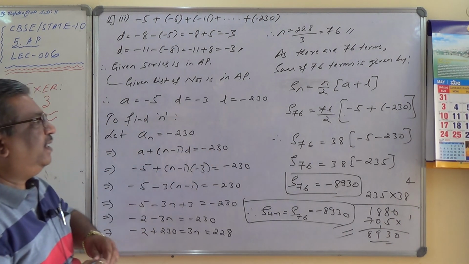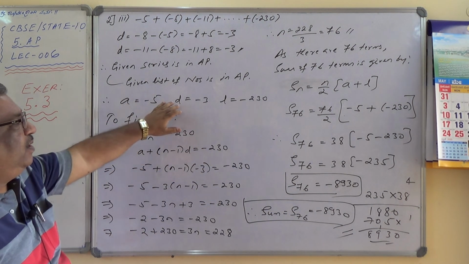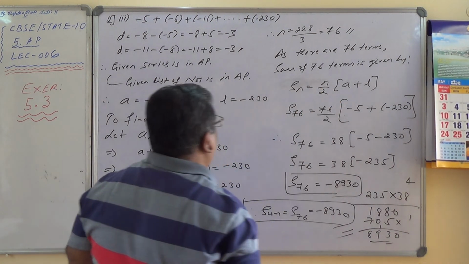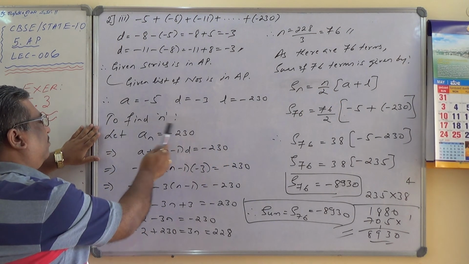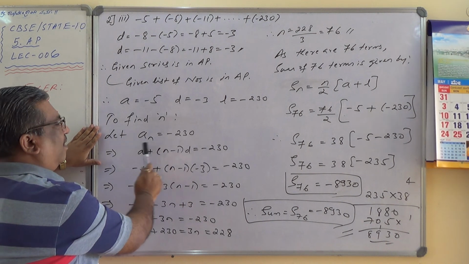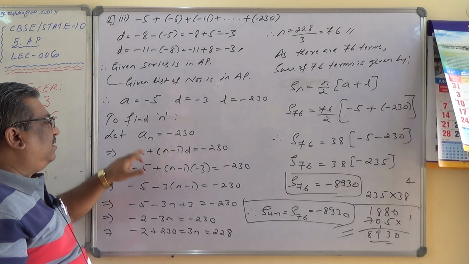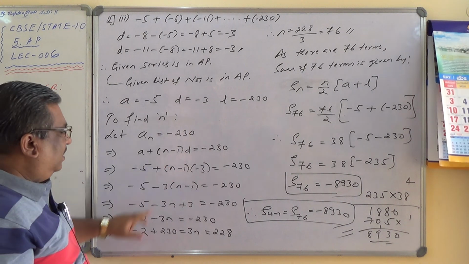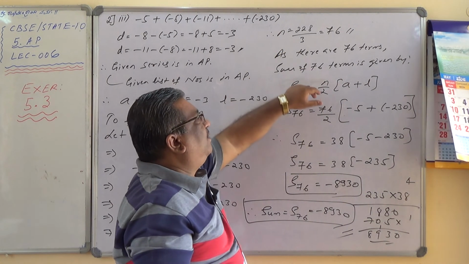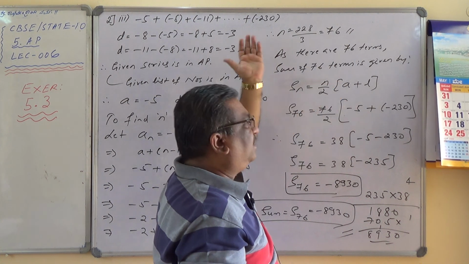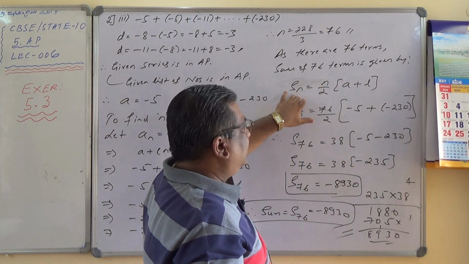Okay, so what we did here is, we know A, we know D, we know the last term. I can use this formula, but n I did not know. Therefore, to find n, what I did, let the nth term, or the last term, be minus 230. By applying the nth term formula, I could find the number of terms, which is 76. As there are 76 terms, the sum of 76 terms of the given series is given by this general formula.